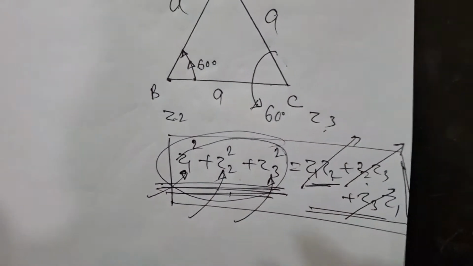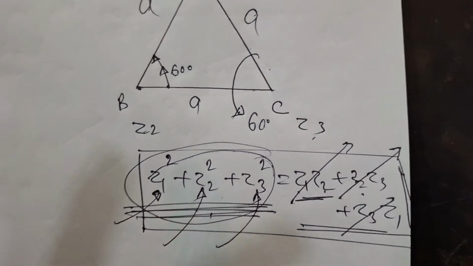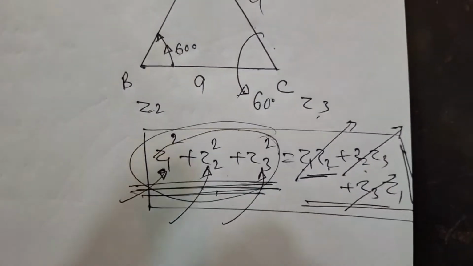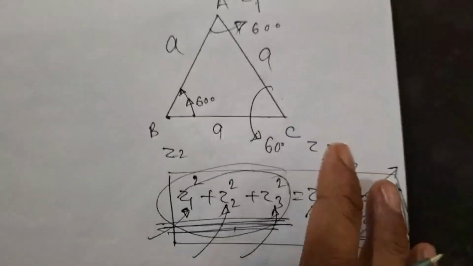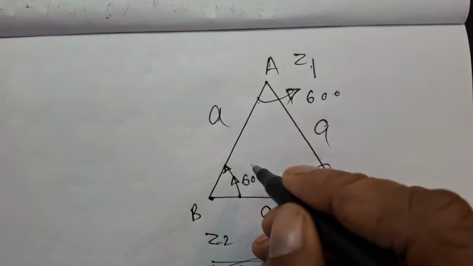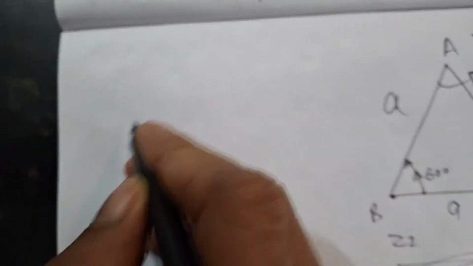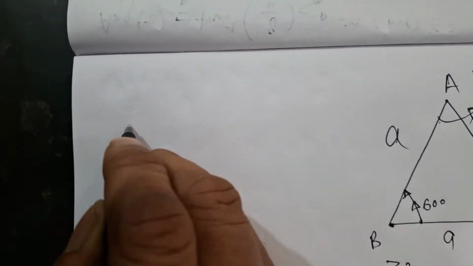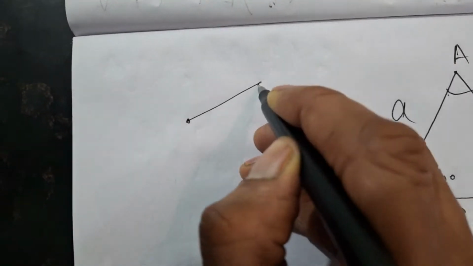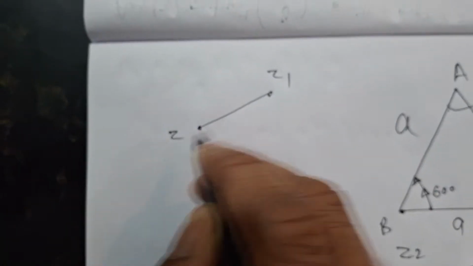So how will you prove these things? Very simple, you can prove it by the argument method. See, this is Z1 and this is Z2.